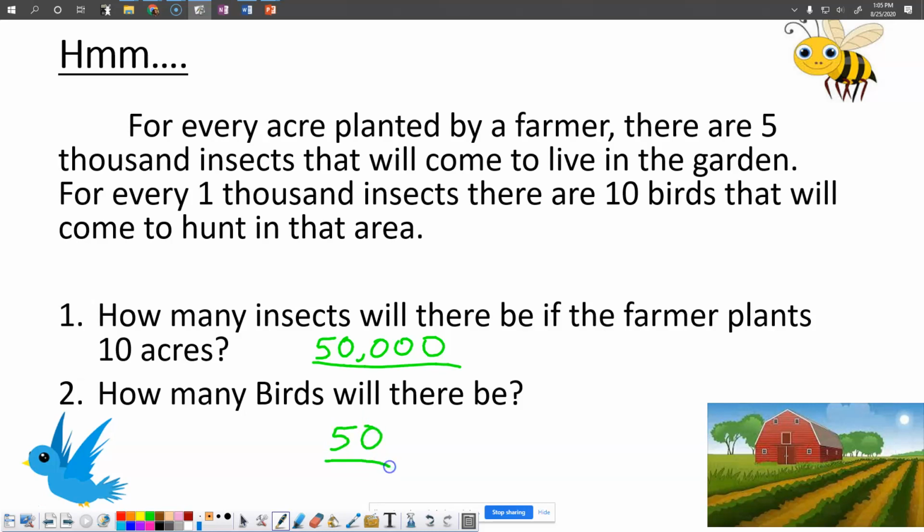Okay. So what I'm trying to get you to see in this problem is that the number of birds seems to depend on what? The number of insects.